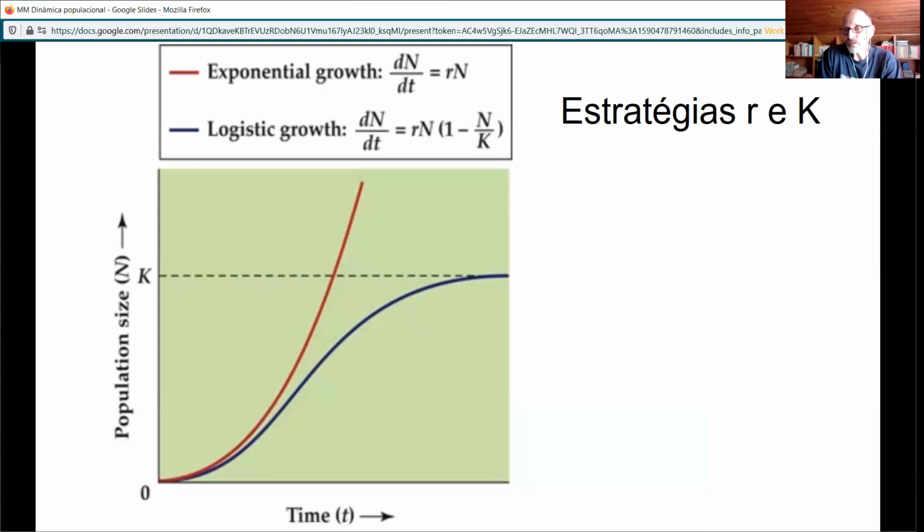So let's start. You may have had a specific course on population dynamics, or you may have studied some elements of it in ecology courses, because this is a branch of ecology.